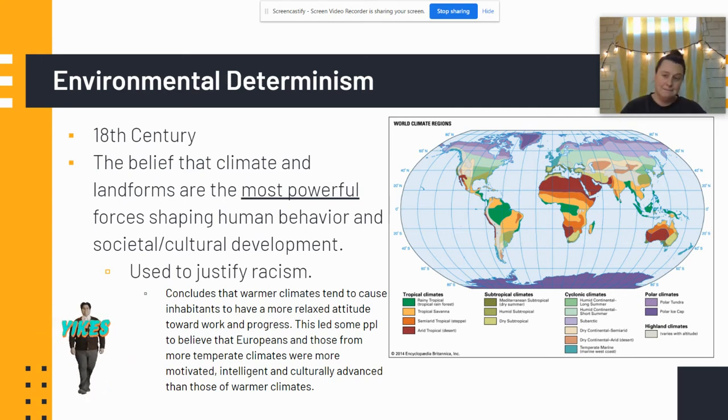When we talk about possibilism, which is the next theory, you'll understand a little bit more. But this is not 100% accurate. It was actually used by these cultural ecologists and in mainstream society to justify a little bit of racism.